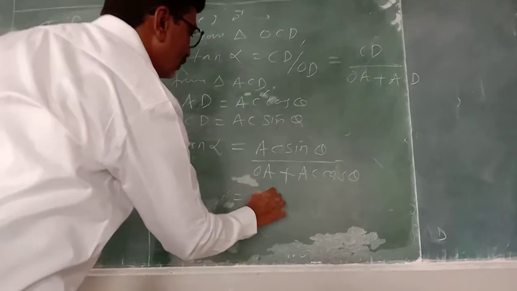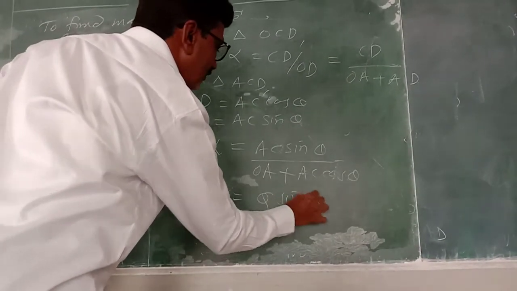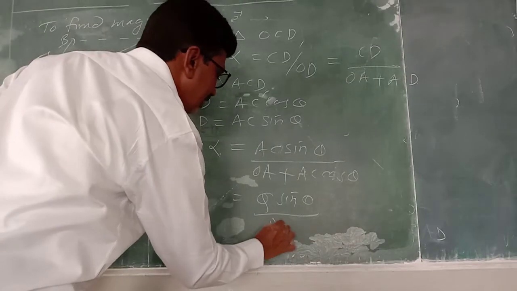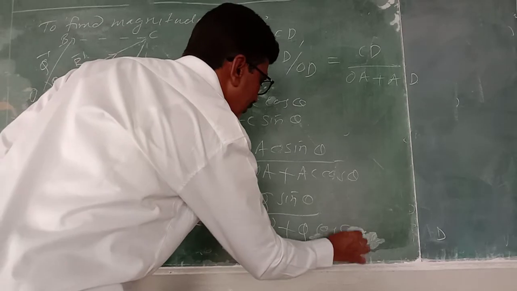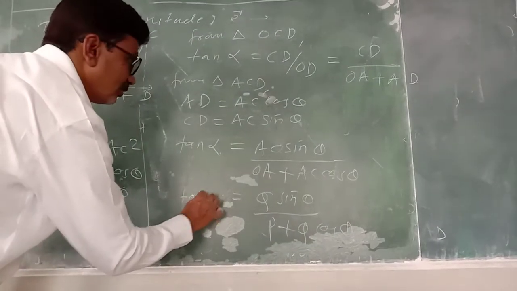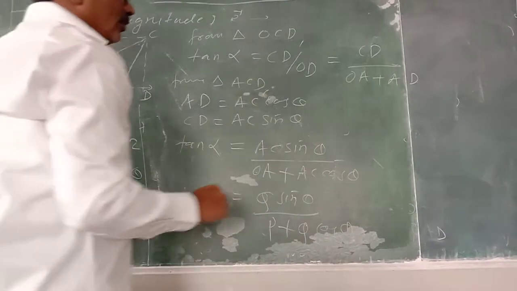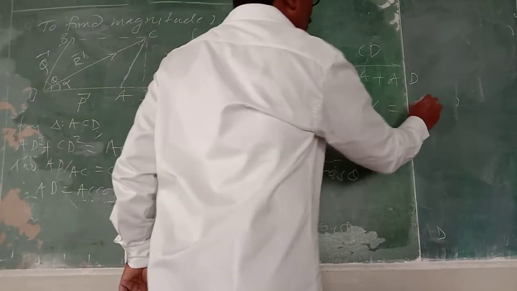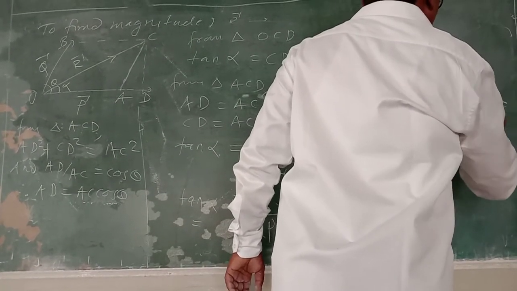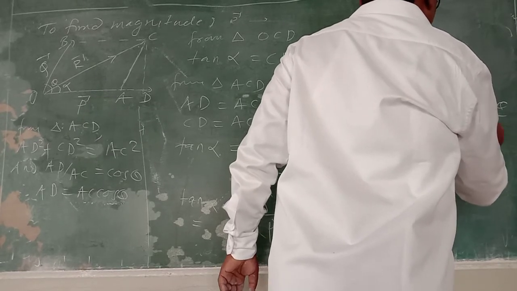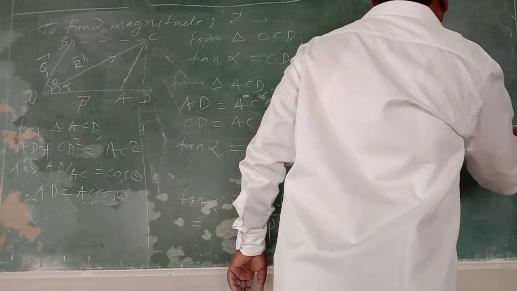That is equal to Q sin of theta upon P plus Q cos of theta. Therefore, alpha equal to tan inverse of Q sin theta upon P plus Q cos of theta.